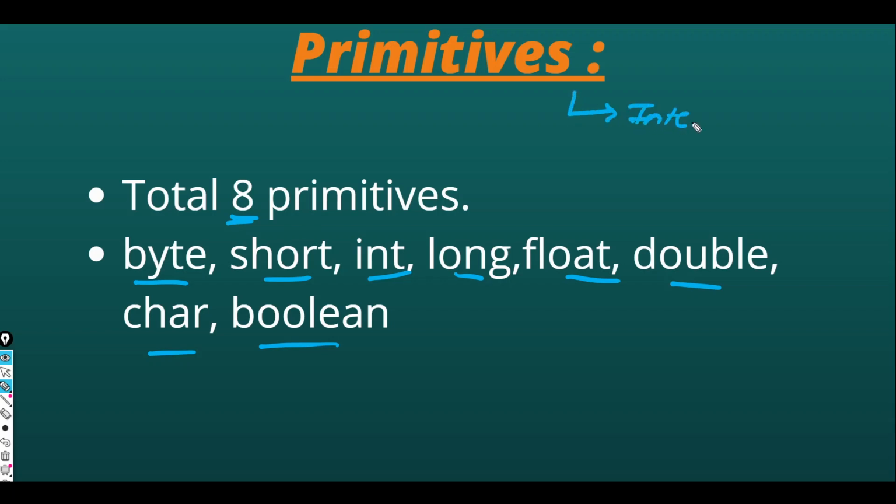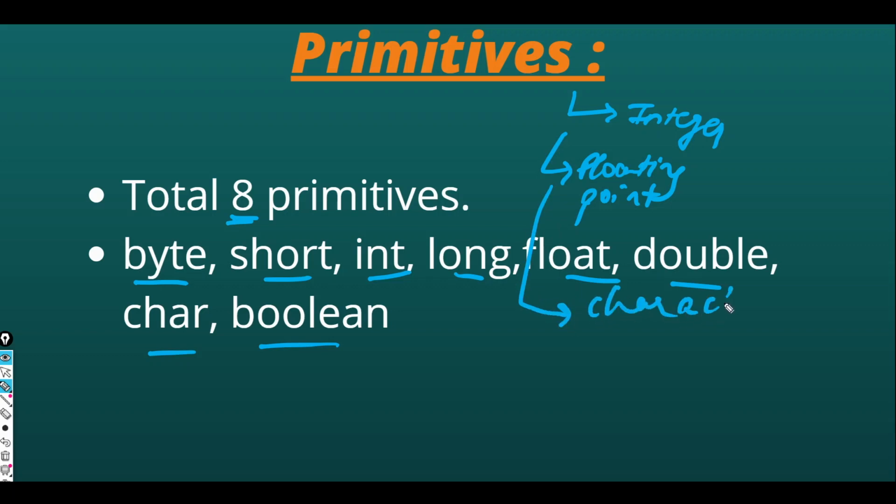One was integer, then floating point, then character, and then boolean. In the previous video we discussed integers.